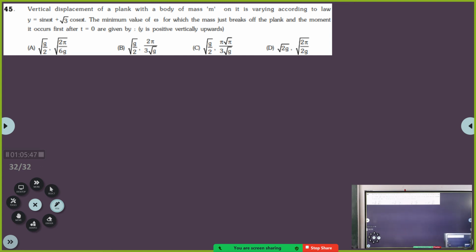So yesterday also you have solved a similar problem. I think you can do this. We have done a similar problem just yesterday. So at the highest point, this is going to be m omega square x.